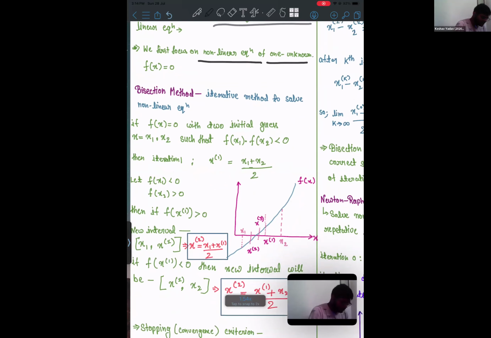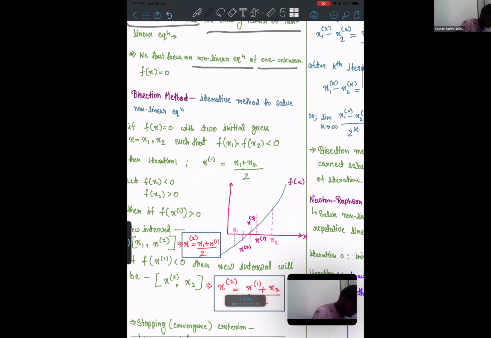In the bisection method, we have some function f of x equal to 0 with two initial guesses, x1 and x2, such that f of x1 multiplied by f of x2 is less than 0, meaning opposite signs. If f of x1 is negative, then f of x2 must be positive, and if f of x1 is positive, then f of x2 will be negative.